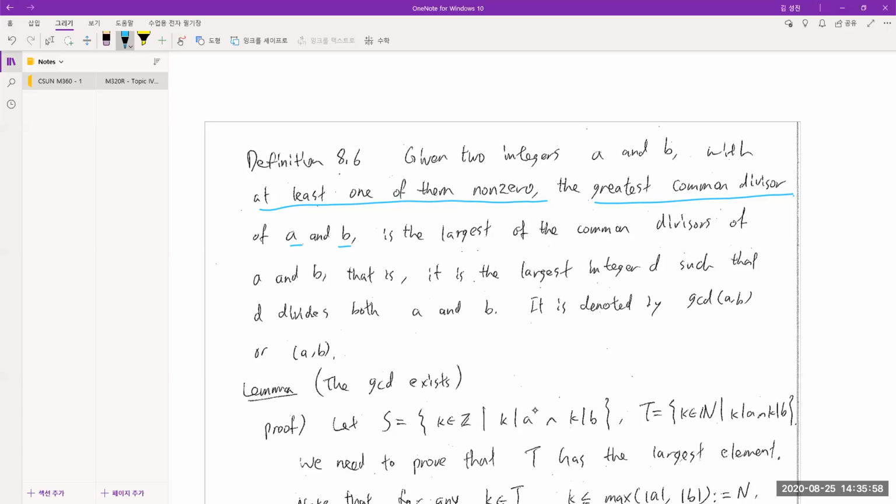The definition of greatest common divisor is, as the wording suggests, the largest of the common divisors of A and B. That is, there is the largest integer D such that D divides both A and B. This is the important part, both A and B. It is denoted by GCD(A, B), or just without the GCD, the pair (A, B), like that.